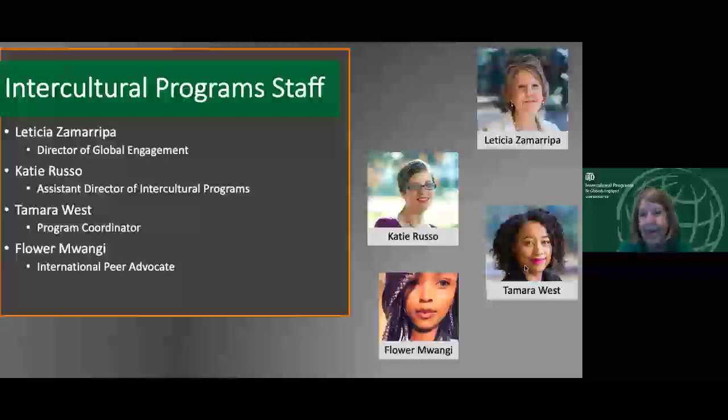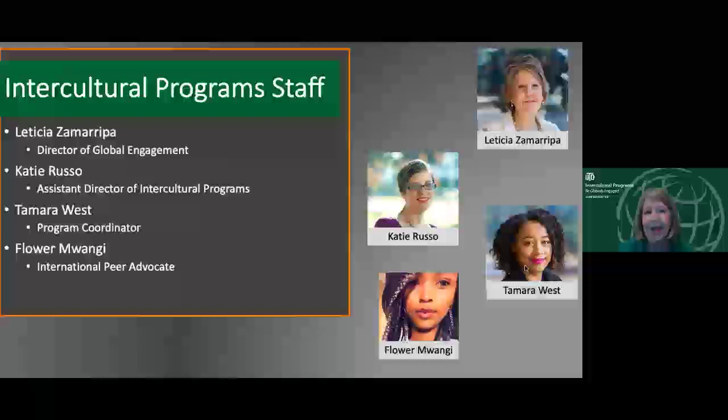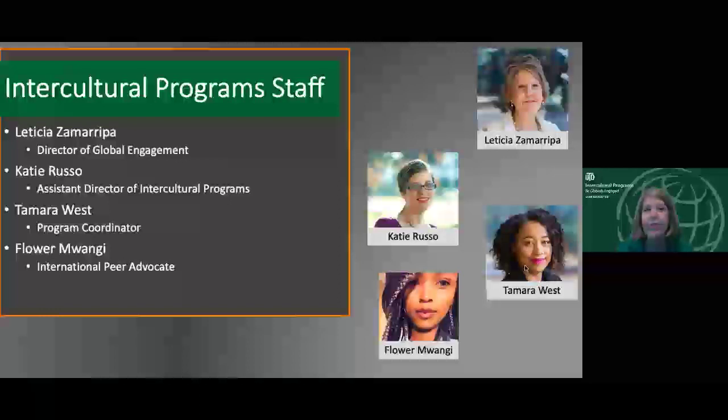This is our staff, and I would like to share that we are a multicultural team. I am from Mexico, Katie is from the US, Tamara is from Jamaica, and Flower is from Kenya. We look forward to helping you through your transition at UT Dallas.